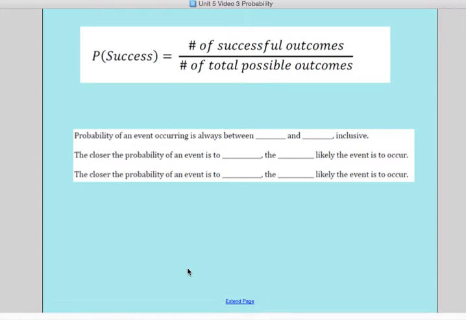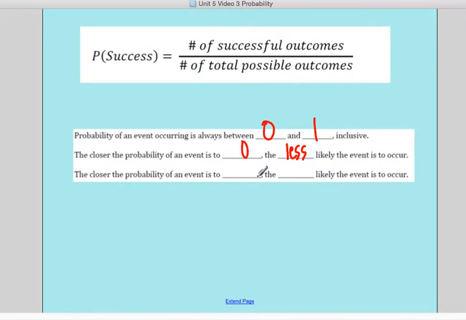The probability of an event occurring is always between 0 and 1. It says inclusive, which means you can have a probability of 0 and you can have a probability of 1. They are included. The closer the probability of an event is to 0, the less likely the event is to occur.